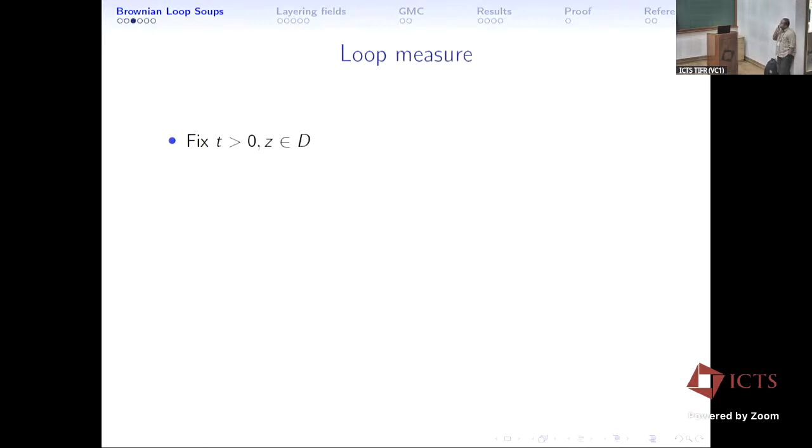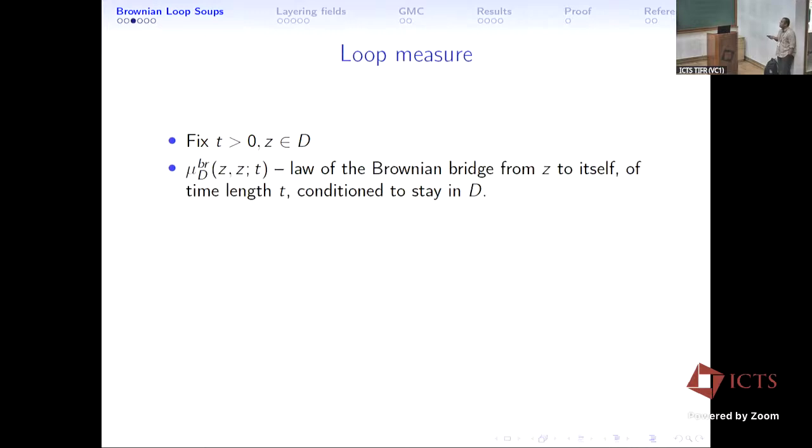So what's a loop measure? I fix a T and a Z in the domain, and mu_D^{br,z,z,t} is a complicated notation, but it's just the law of the Brownian bridge from z to itself. The bridge has time length t, and the bridge is conditioned to stay inside the domain D. This is a probability measure on K(D), where K is the space of all rooted loops, just recall.